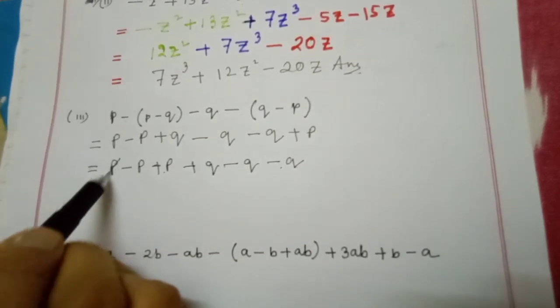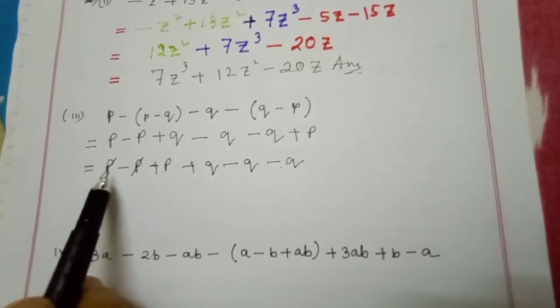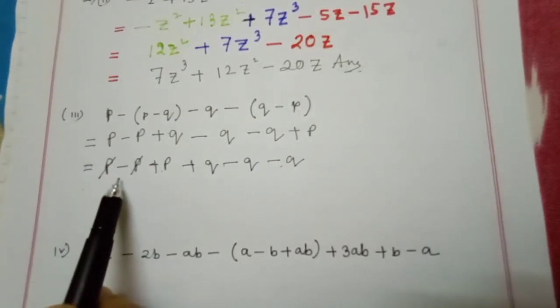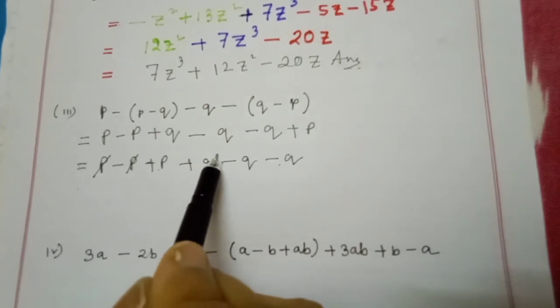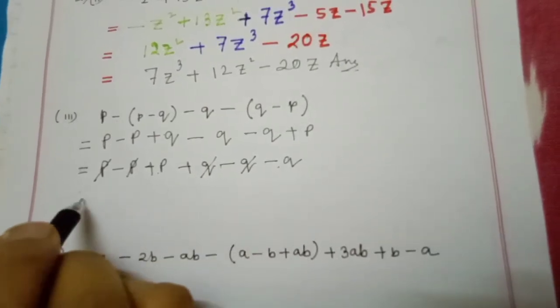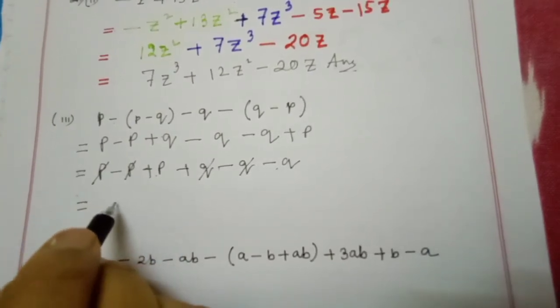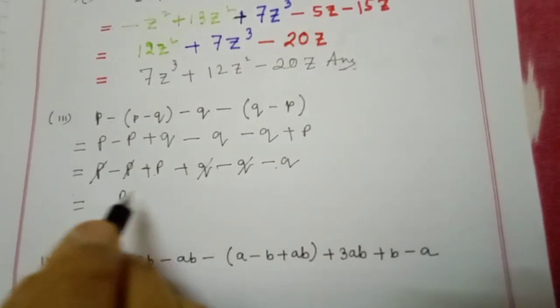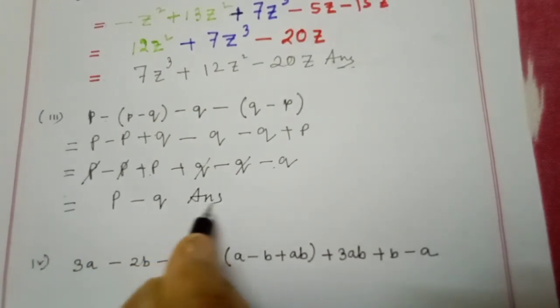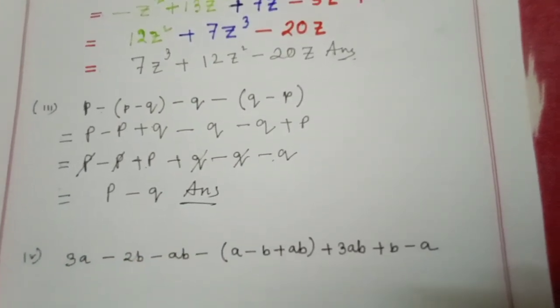You know that you can cancel this, because same value, same power, one is positive and one is negative. That means it can be cancelled. Here also one positive q and one negative q, so this also can be cancelled. Now what is the remaining answer? What is left here? p minus q. This is your answer. Understood?